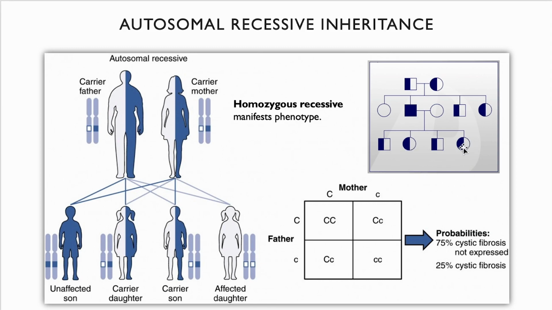Now, these kids know they have a family history and they are going to make the decision of marrying someone without the mutation, so they don't have a child with cystic fibrosis or any other autosomal recessive disease.